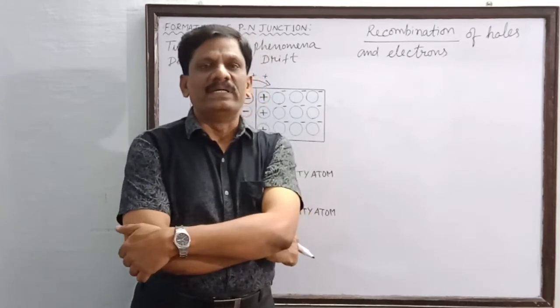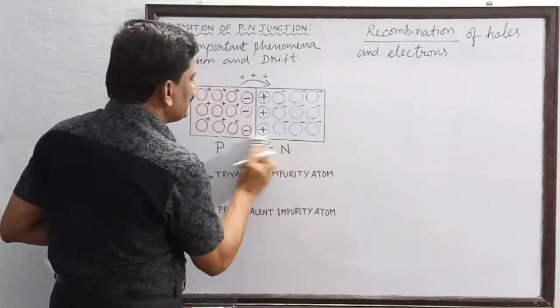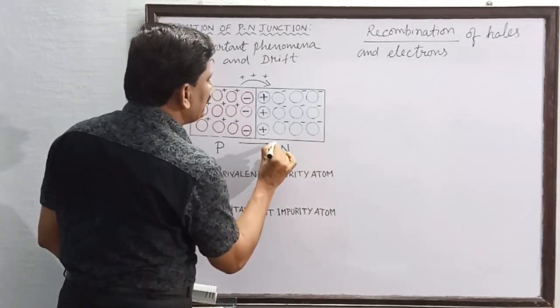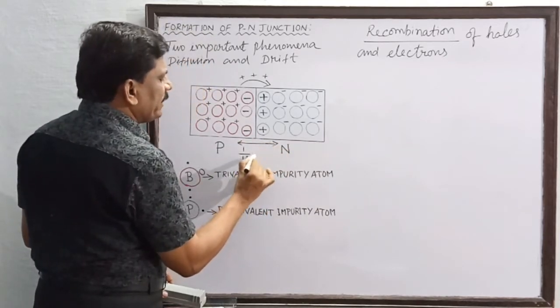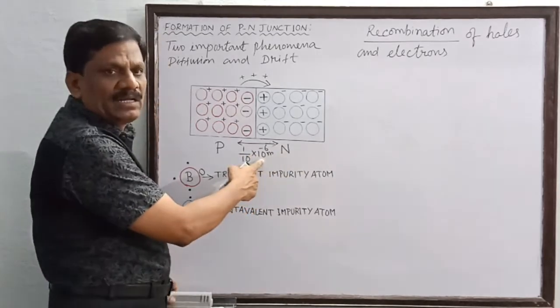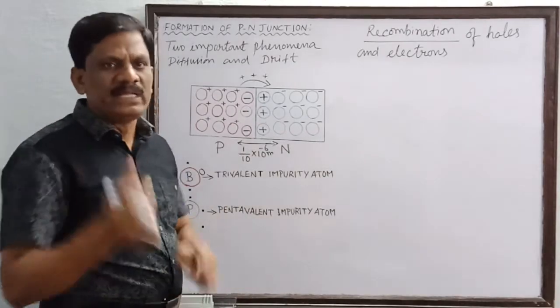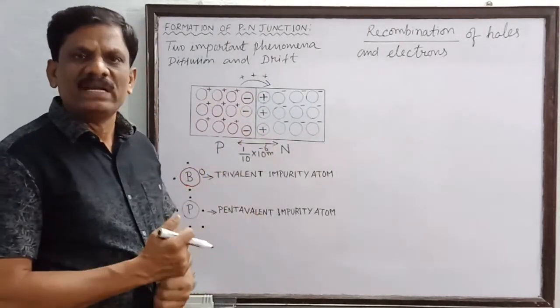So on both sides, a small width, say for example 10 to the power of minus 6 meter, that is called 1 micron. So within 1/10 of a micron up to 1 micron width only, this exchange of charges and recombination will take place.